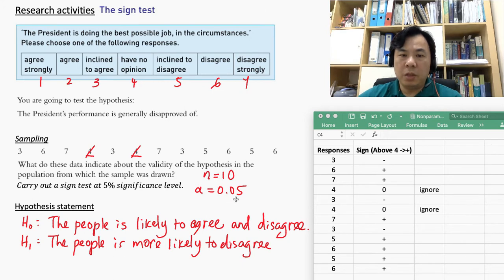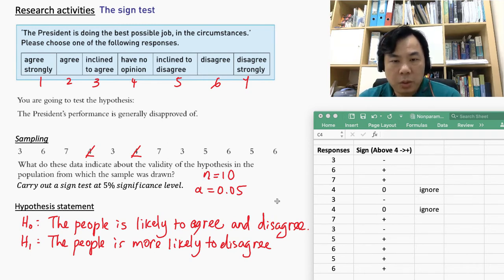So the percentage of rejecting the null hypothesis, yet the null hypothesis is actually true, is 0.05%. So we want to make sure we don't actually reject the null hypothesis by chance. So that's what it actually means, right?